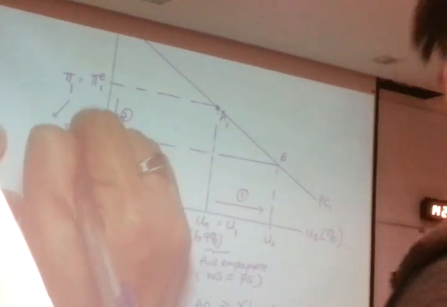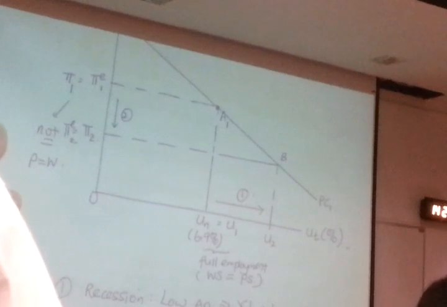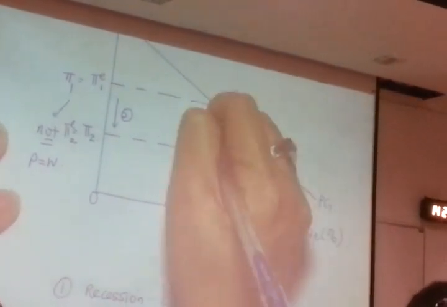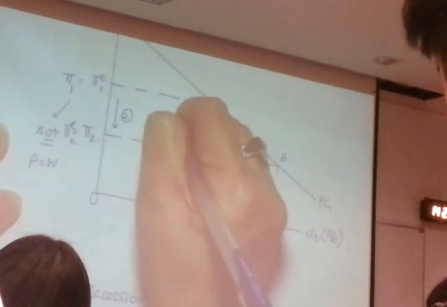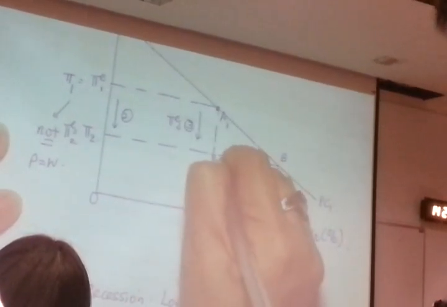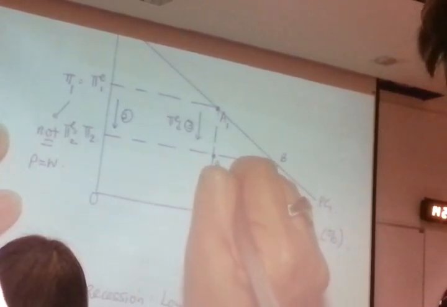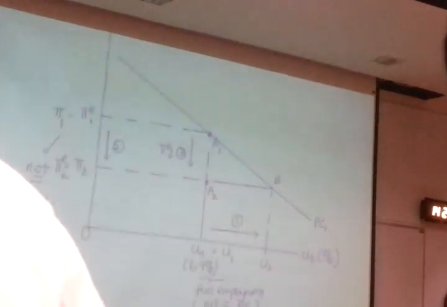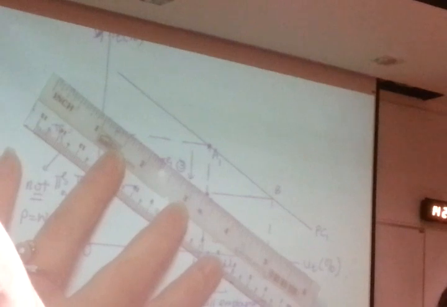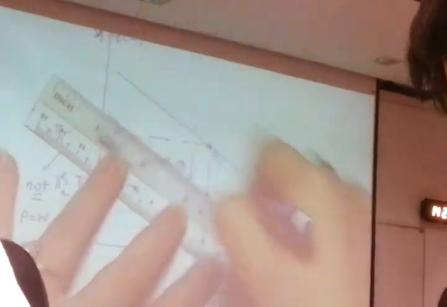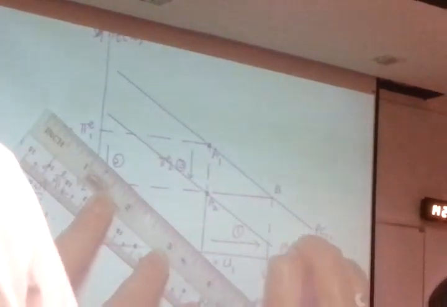This is your pi E2. And this is your A2. So that gives you the Phillips curve lying right below PC1.